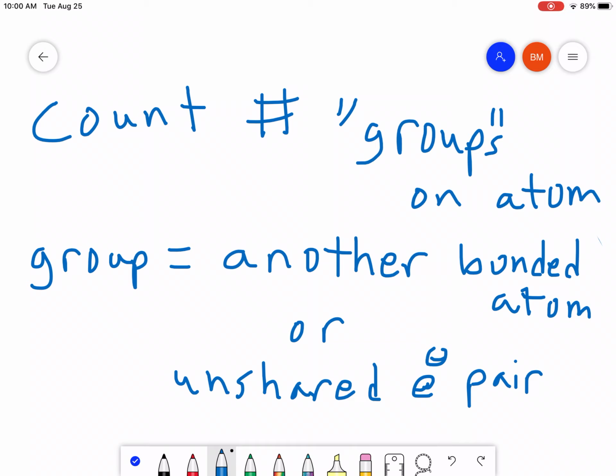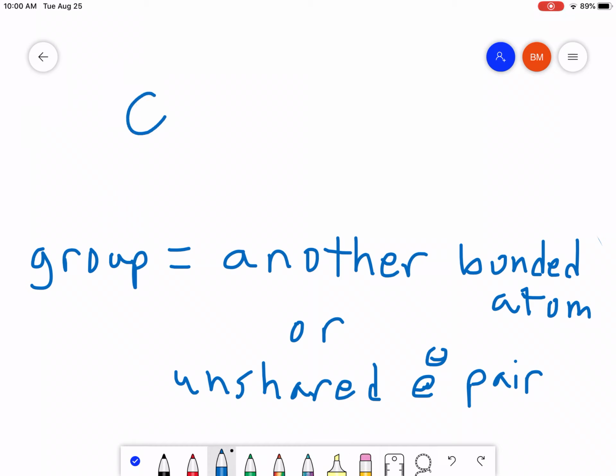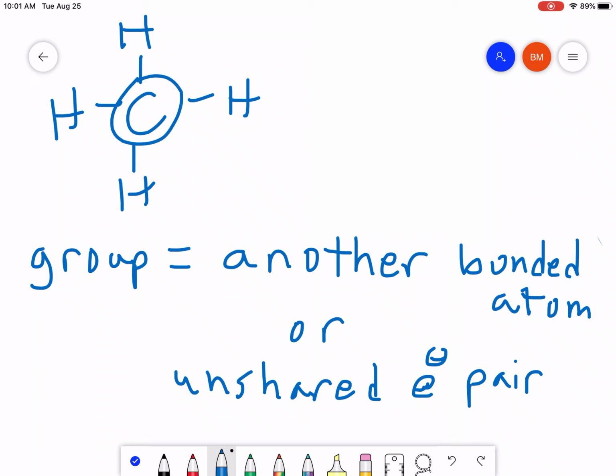Okay? So for example, in methane, if we're looking at the carbon, this carbon has 4 groups on it, right? It's got 4 bonded atoms, no unshared pairs. 4 plus 0 is 4.